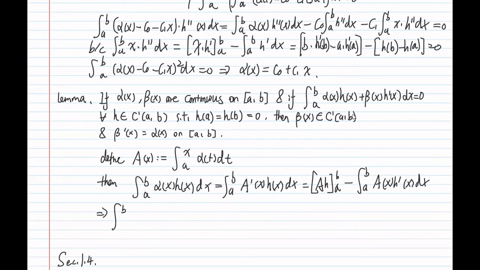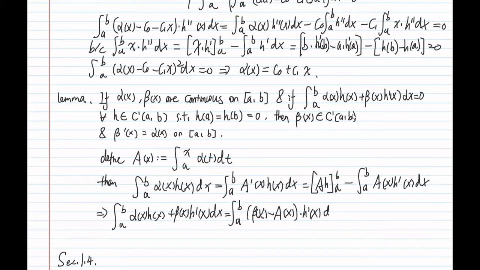So the integral from a to b of alpha x h x plus beta x h prime x dx now would equal to the integral from a to b of (beta x minus A x) times h prime x dx, and this would equal to 0, right? Because we stipulated that this would always equal to 0 for any h.